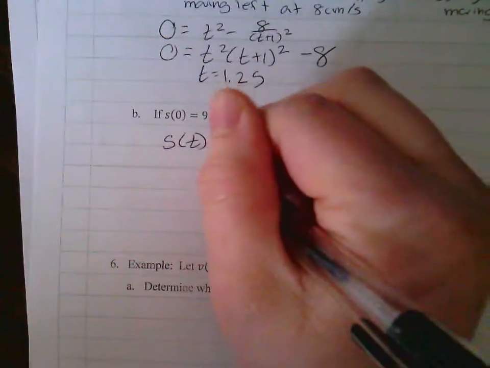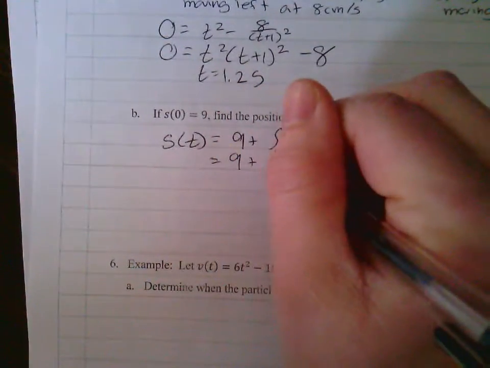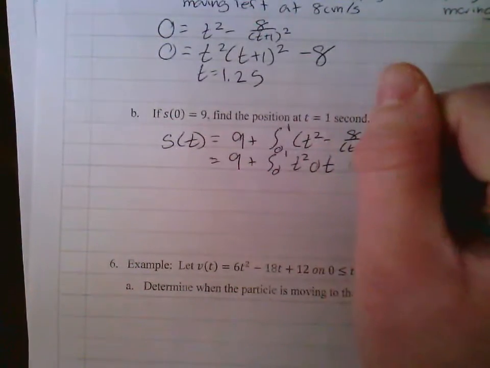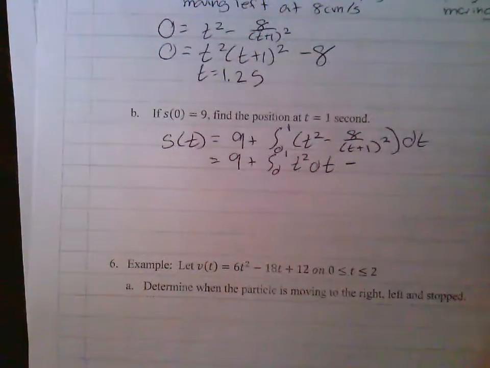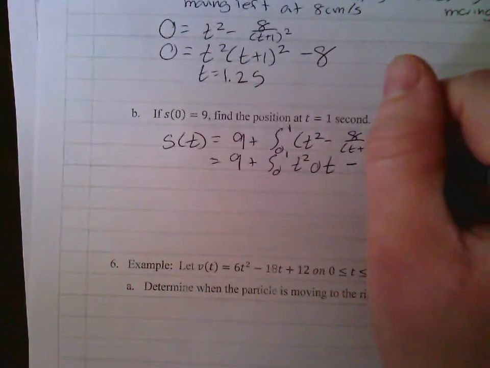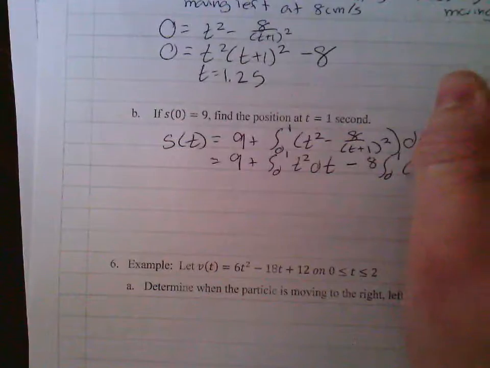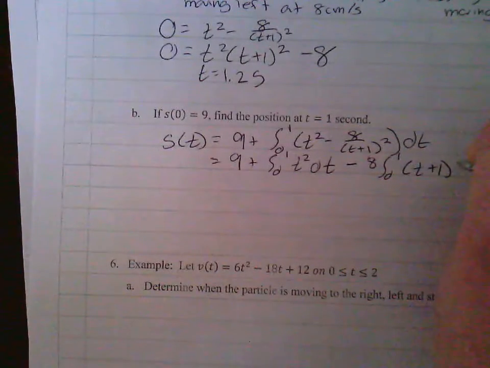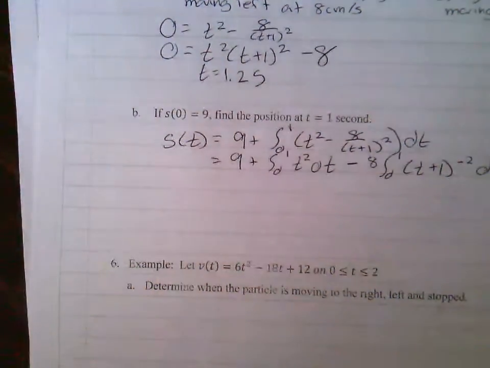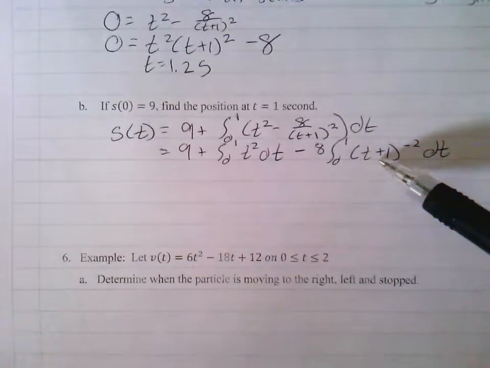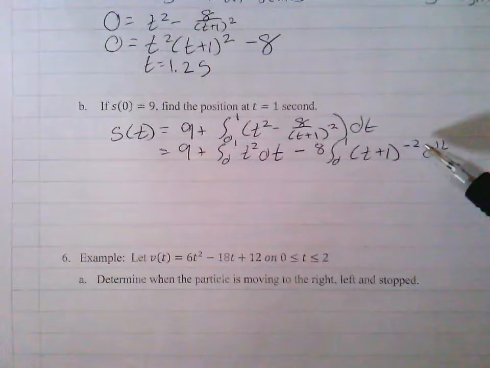So that's going to be 9 plus the integral from 0 to 1 of t squared dt minus, you can go ahead and put the 8 on the outside if you want to, 8 times the integral from 0 to 1 of (t plus 1) to the negative 2 dt. Okay? So this one is kind of a u substitution. u is t plus 1, so du is just 1 times dt, which you have.